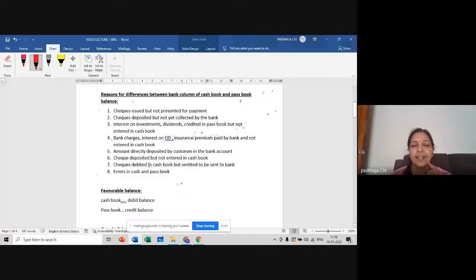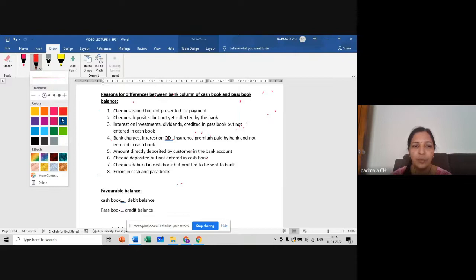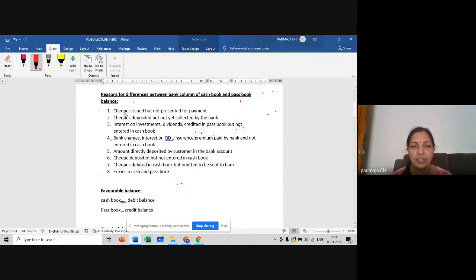Okay, so these are the reasons, guys. First one, what we have is checks issued but not presented for payment. Check issued, it means what? Say, for example, we have purchased goods and we want to make the payment through check. In that case, we issue the check, but that fellow has to send it to the bank.